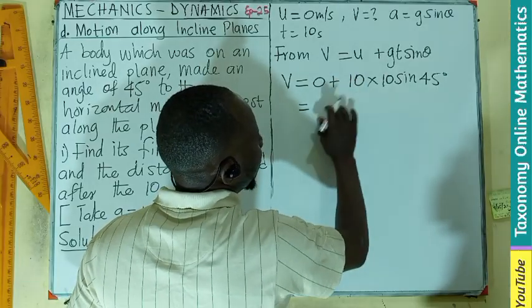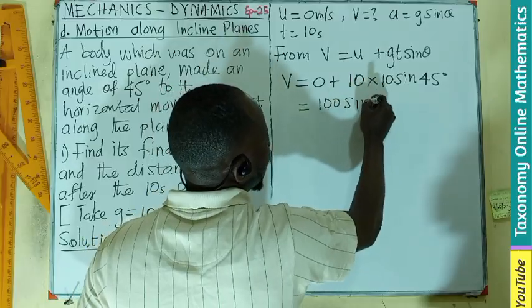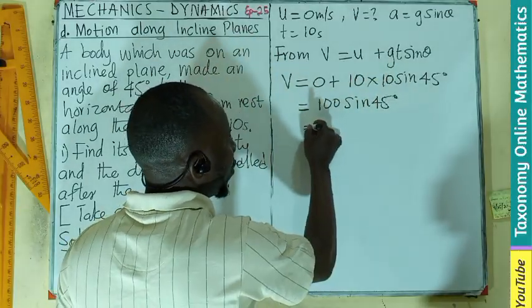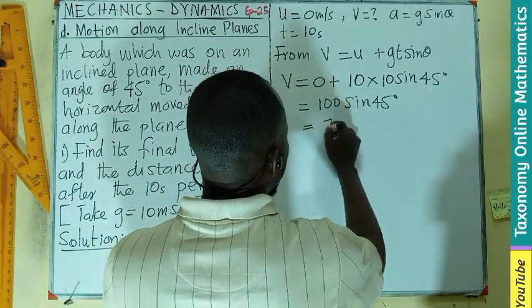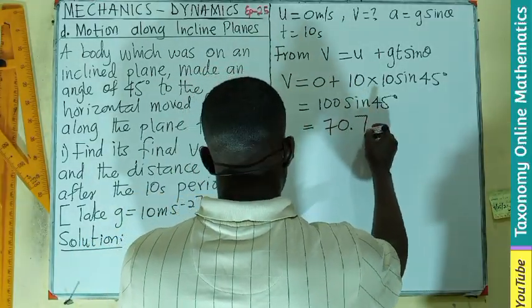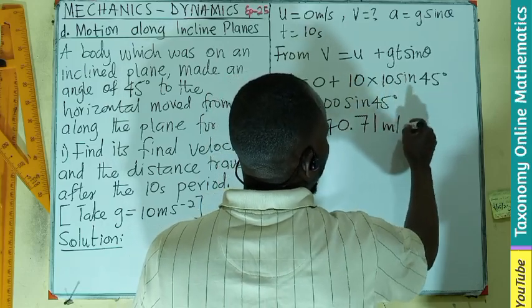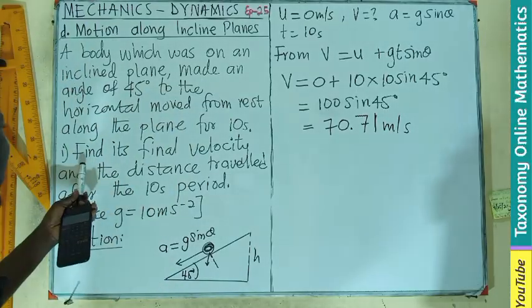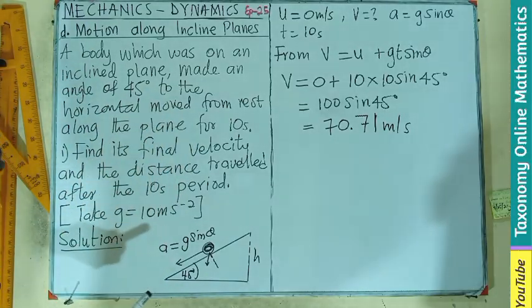So 10 times 10 will be 100. Then sine 45 degrees, let's see what that will be on our calculator. On our calculator, we should be having 70.71 meters per second. So this becomes the final velocity of the body.